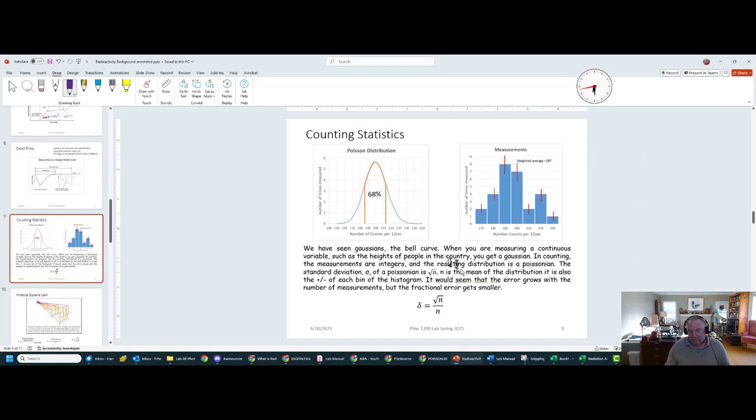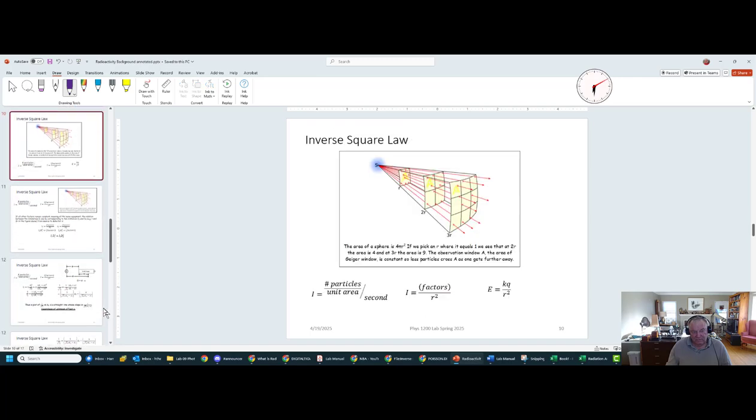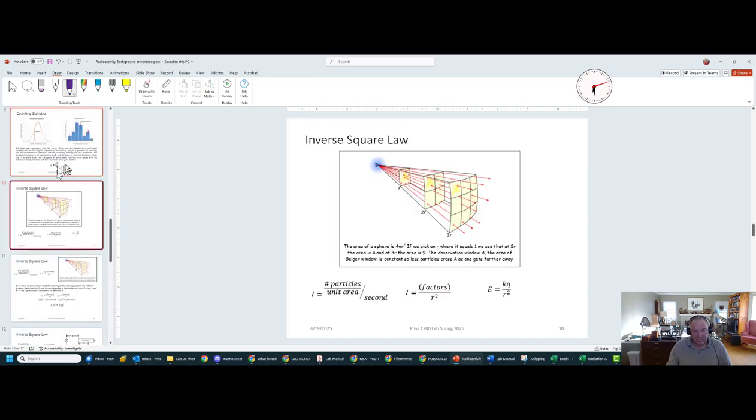Now, it would seem that this error would get bigger and bigger, but the fractional error, square root of n over n, gets smaller as you go to more and more counts. And it has to be true because we know it's better to take more measurements than to take less. You always want to take as many as you possibly can.